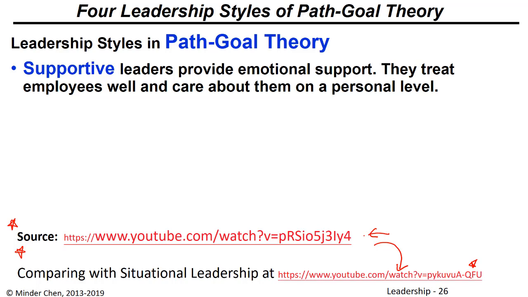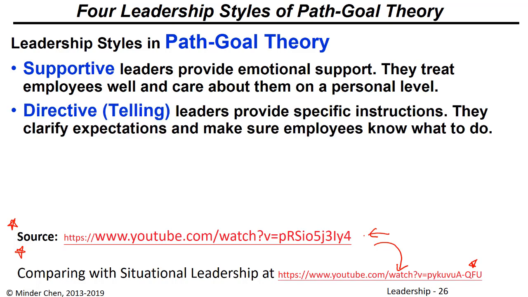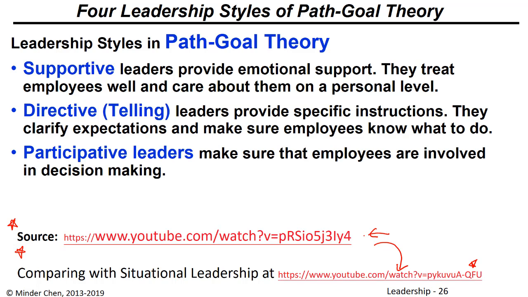So the 4 leadership styles are: supportive leaders, who provide emotional support, treat employees well, and care about them on a personal level. Directive leaders provide specific instruction, clarify expectations, and make sure employees know what to do. The participative leader is like a democratic leadership style, making sure the employees are involved in the decision making.